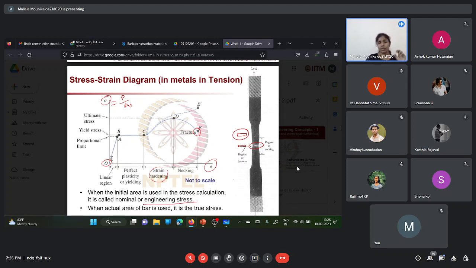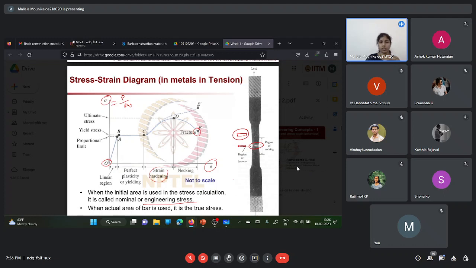And after some time, if we further load the material, then what will happen? Then the material will no longer be in the elastic region. This linear region, we can also call the elastic region, because when you load the material, it reaches the proportional limit, but when you unload the material, it will come back to the original position.